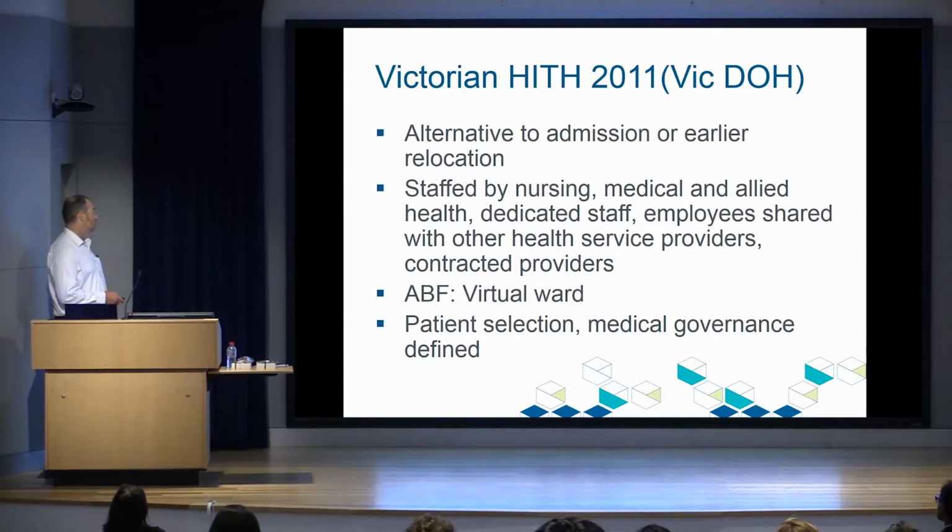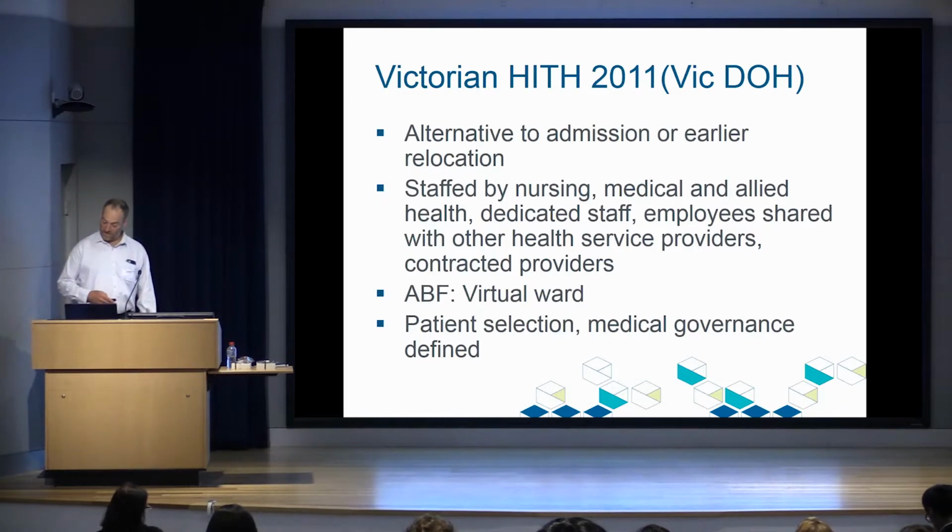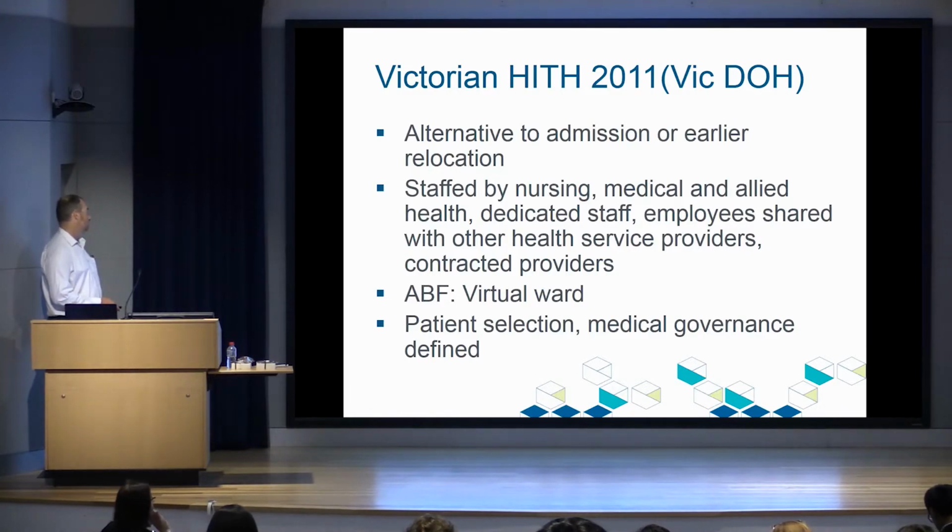Employees may be shared with other health service providers or contractors. It's activity-based funding with a virtual HIT ward, virtual inpatient ward, and patient selection and medical governance as defined.